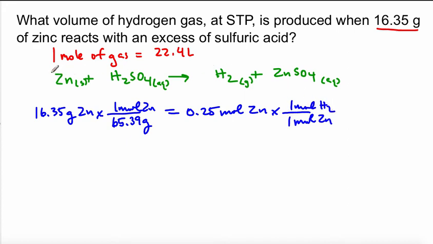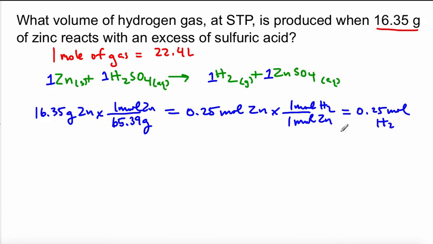And remember, those coefficients in front of the balanced equation are what give us this mole ratio. And also remember that even when there's no numbers there, there's an implied 1 in front of every single compound or element in an equation. So we get our answer here of 0.25 moles of hydrogen gas.